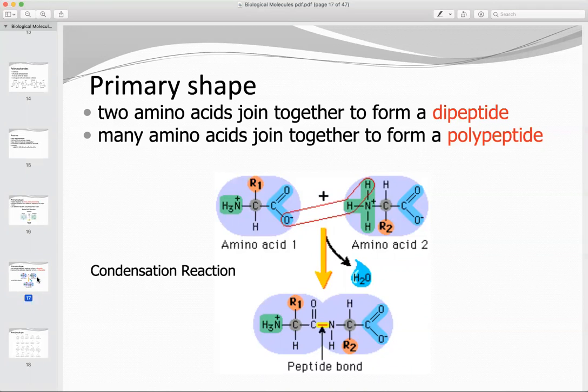In chapter 2, we talked a little bit about chemical bonds. An important bond when we talk about protein synthesis is the peptide bond. Write down the word peptide bond. Peptide bonds hold together adjacent amino acids.